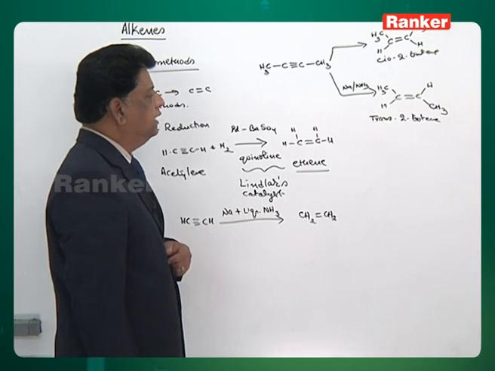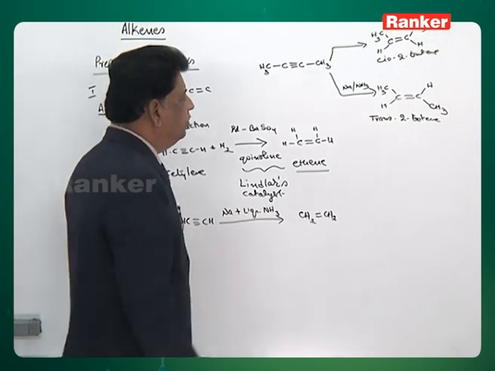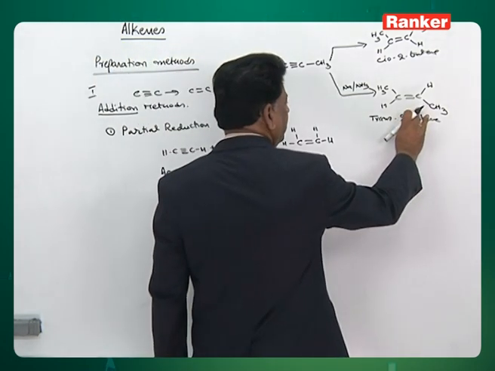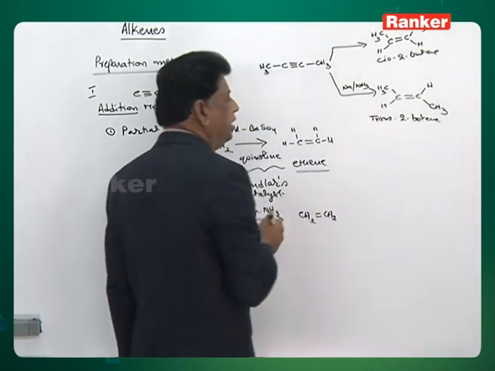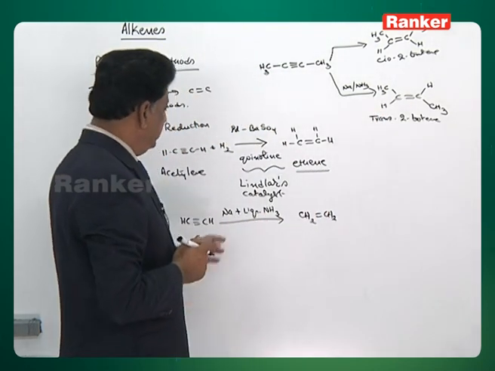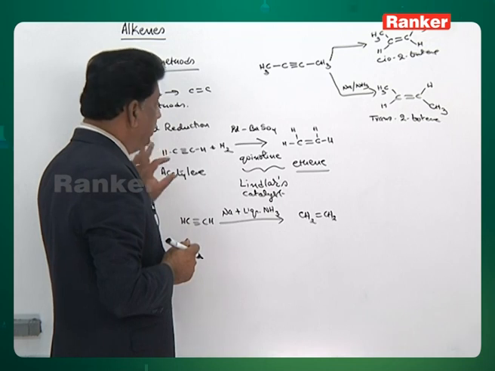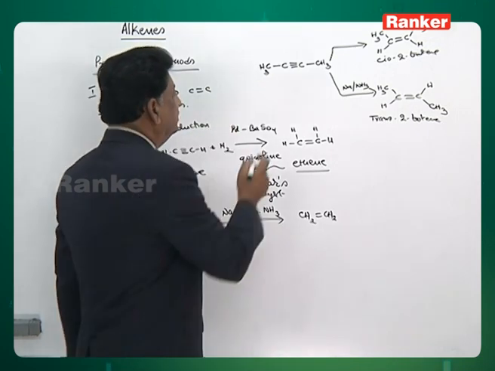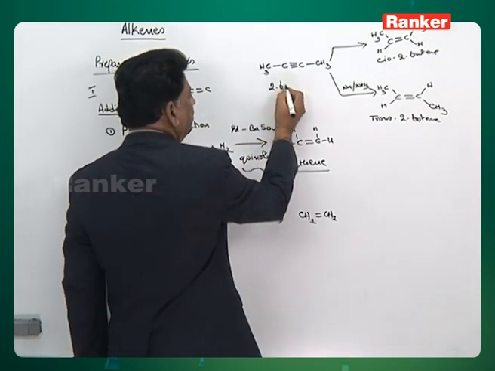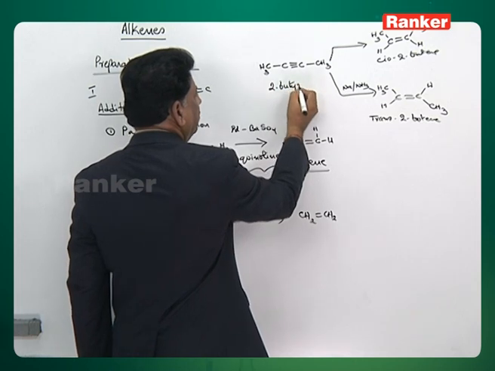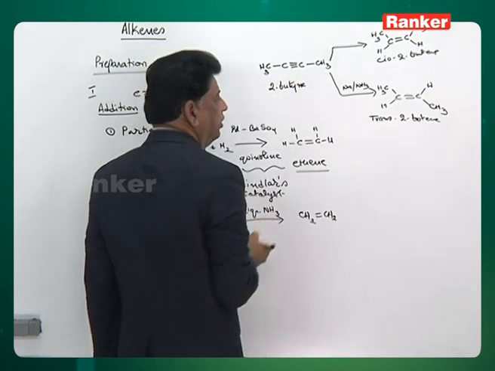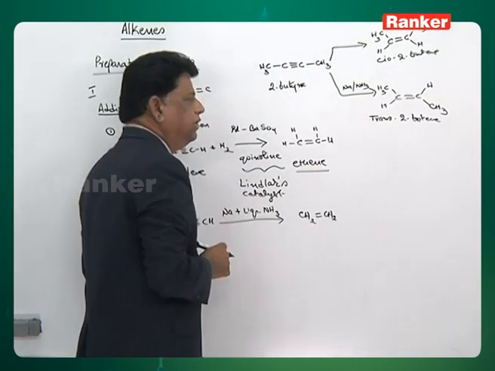So how are you able to get these two different types of butenes? Just using different reagents. The starting material is the same 2-butyne, and it is also a selective reduction.